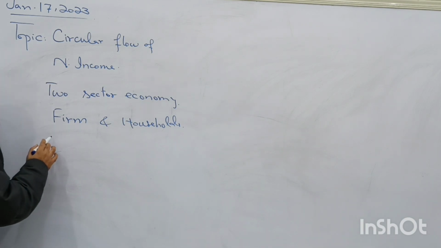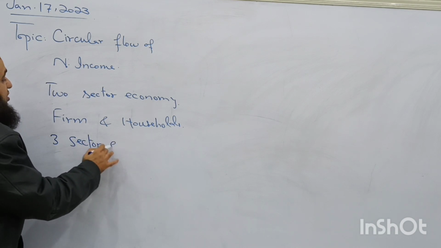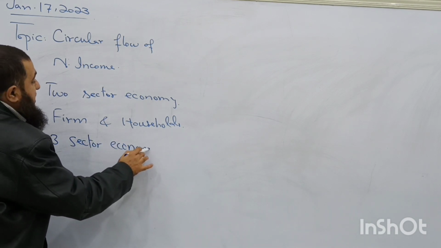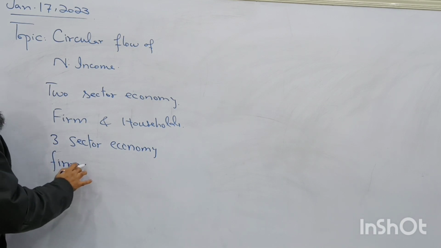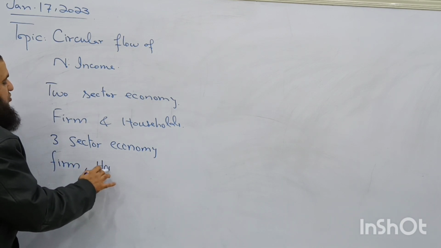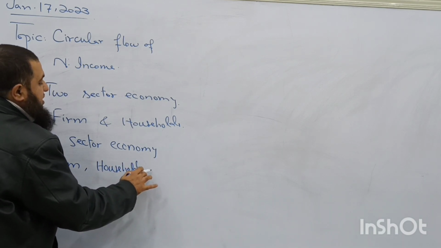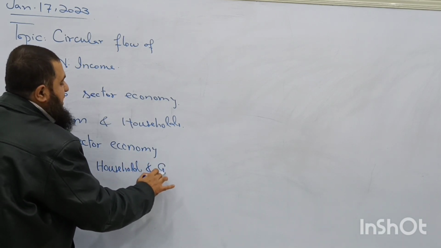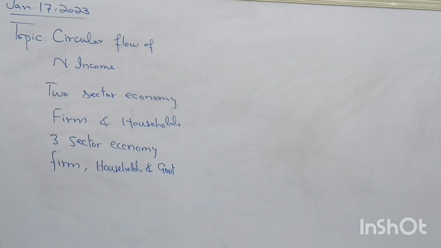Another sector of the economy is three-sector economy. What is the three-sector economy? Now government is also in the picture. We have three sectors: firm, households, and government. So these are the three sectors of the economy which are present.